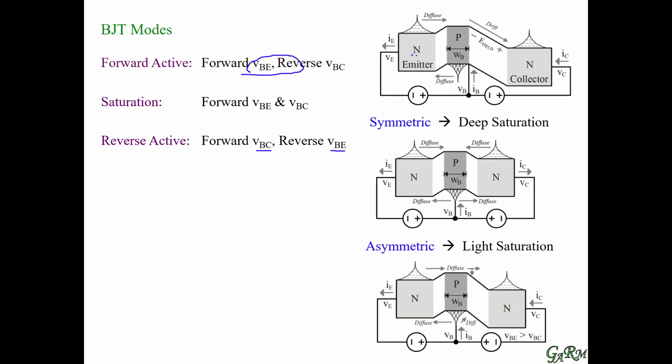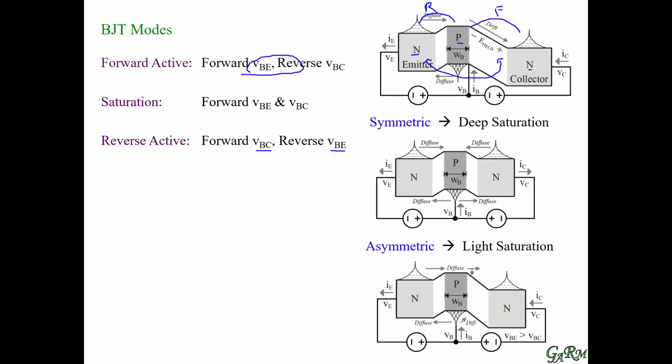This is an NPN structure. So it's symmetric. If it is symmetric, if we forward bias the base collector and we reverse bias the base emitter junction, everything will work the same way.